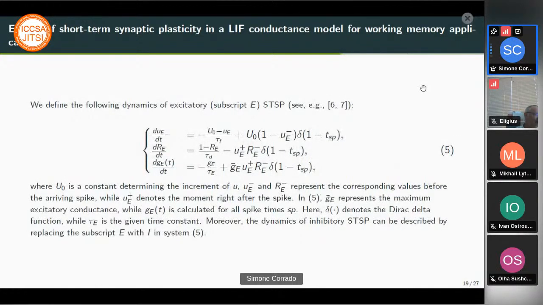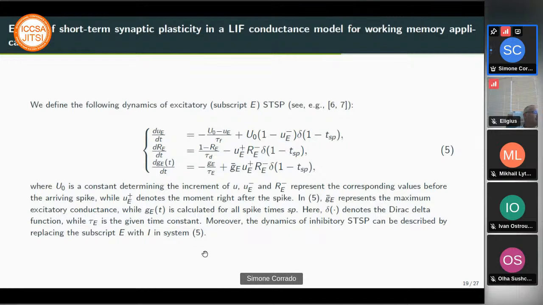So basically, that's a component of the model which you would integrate in that leaky integrate and fire model. Here, R typically denotes resources available in the system, and GE is calculated from spike counts, the Dirac delta function, and so on. It's a pretty similar model.